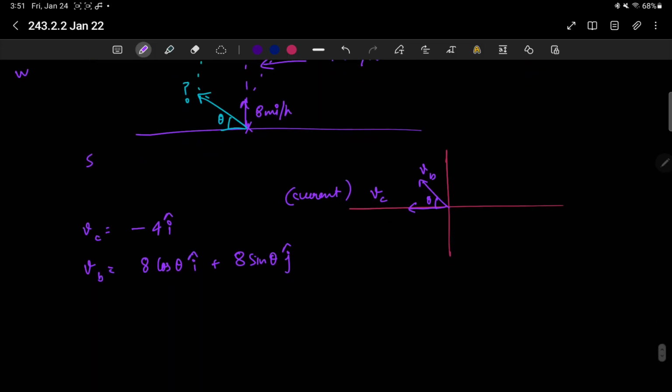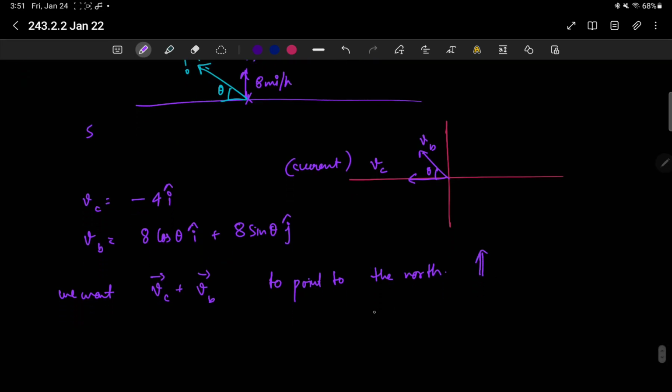Now what do we want? We want that when we add these vectors, the velocity of the current and the velocity of the boat, to point to the north. So it should be pointing straight above, which means it is a vector with no I cap component.